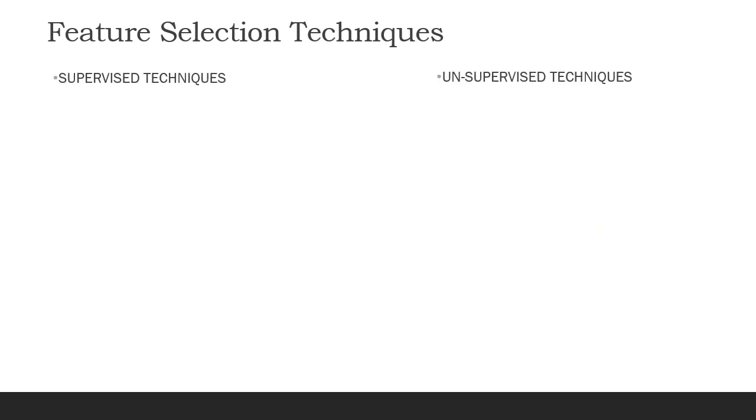Moving on to the techniques which are used in industry or in real life use cases for feature selection. One part of it is called supervised techniques, the other is unsupervised. Supervised would be working on a certain set of guidelines, certain set of rules upon which the feature selection will happen. And unsupervised techniques will govern themselves in reaching those optimal set of features.